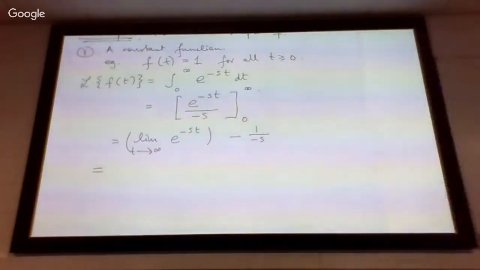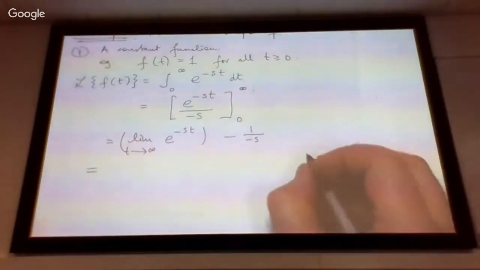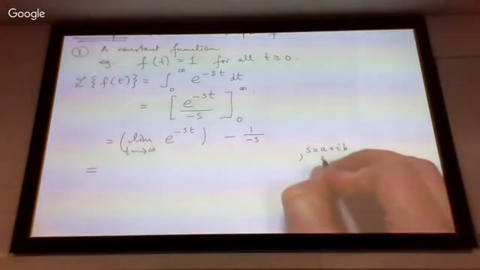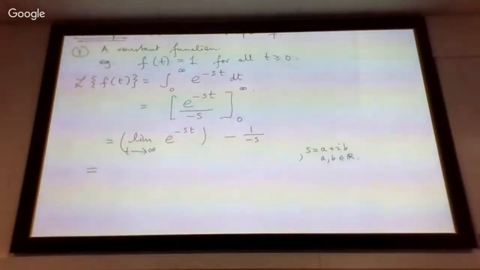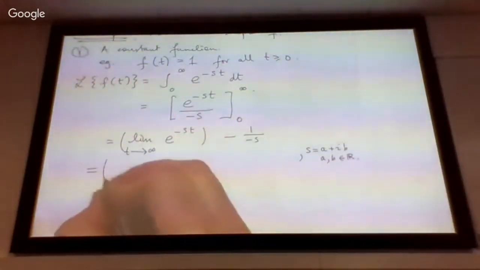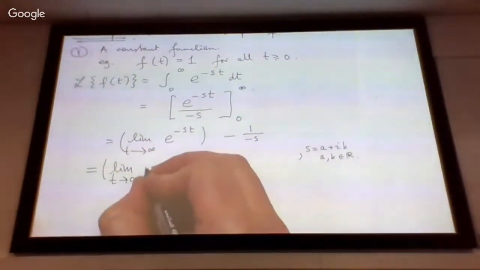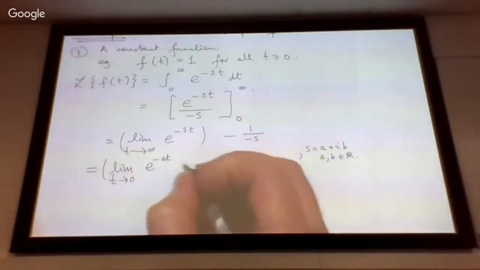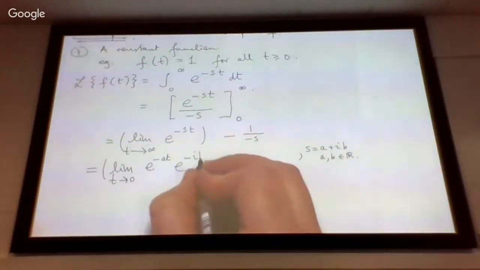Well, remember, we talked about this last week. If your complex value is s = a + ib, where a and b are the real and imaginary parts, so a and b are both real numbers, then that exponential splits up as e to the minus at by e to the minus ibt.